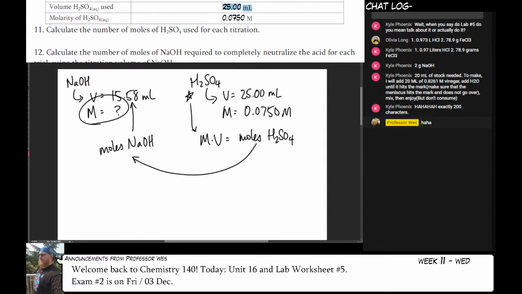what I would do is the following. So first we need to figure out the moles of H2SO4. And that would be, this is our concentration, and this is the volume that we used. And so I multiply those two together.